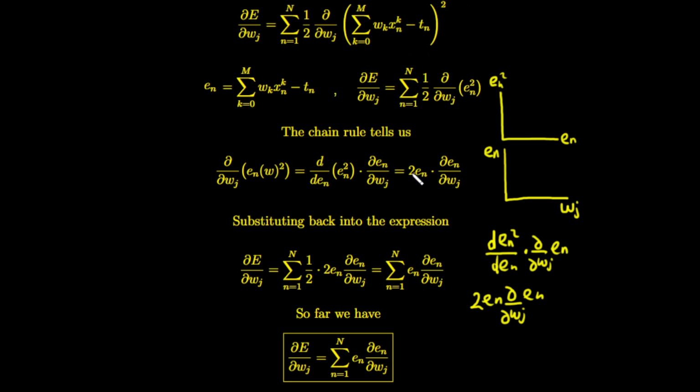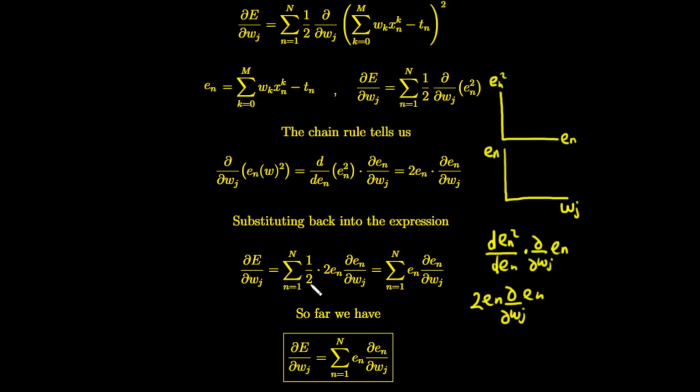Now we can take this here and we can substitute it back into our original equation up above. So that's going to give us the value of a half times the differentiated function, which is 2 en, partial en upon partial omega j.